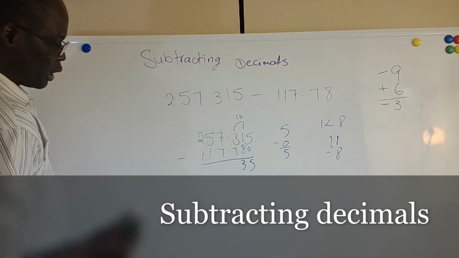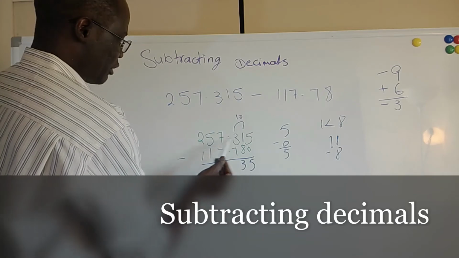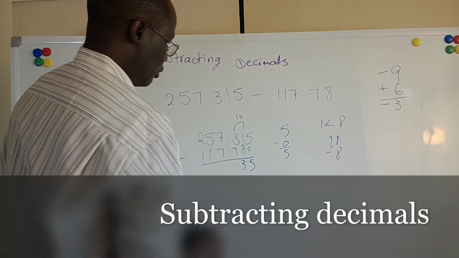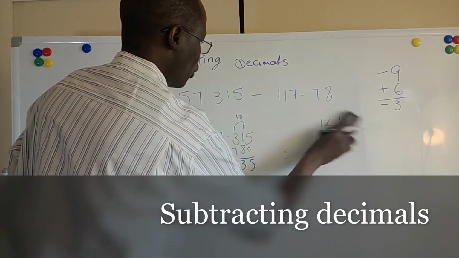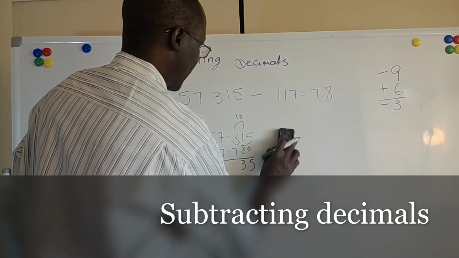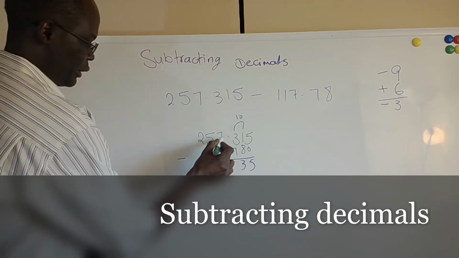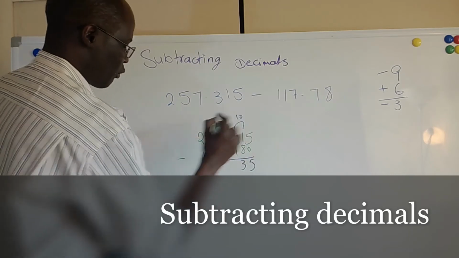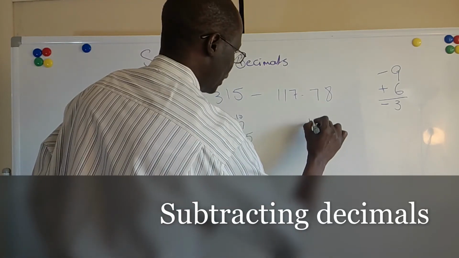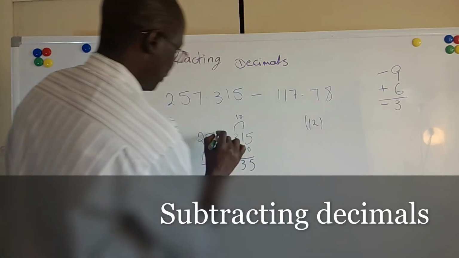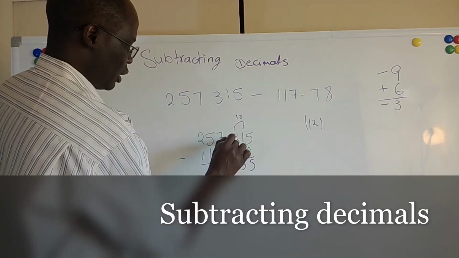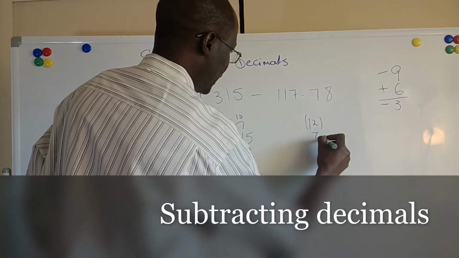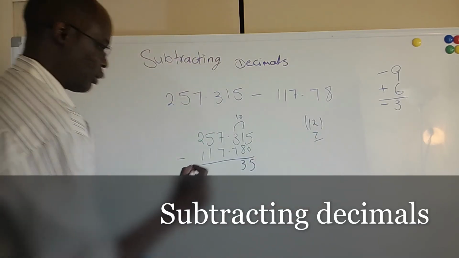If you subtract 7 from 2, 7 is greater than 2, so we're going to borrow from here. We take 1 from 7 and it moves right here, meaning we're going to have 12. Because if we move 10 from 7 and we already have 2 here, we have 12. And 12 minus 7, we end up with 5.